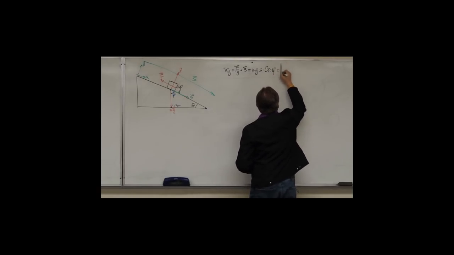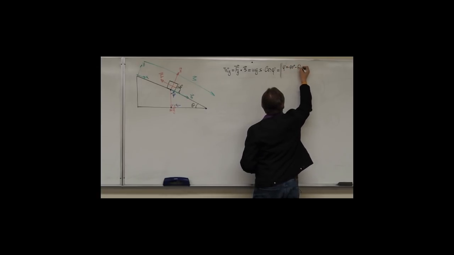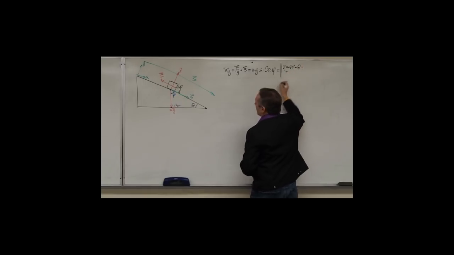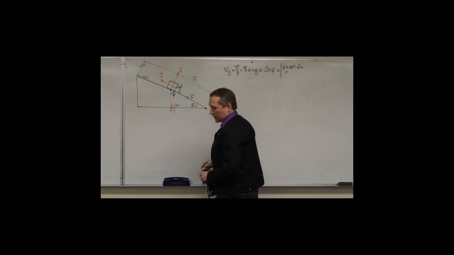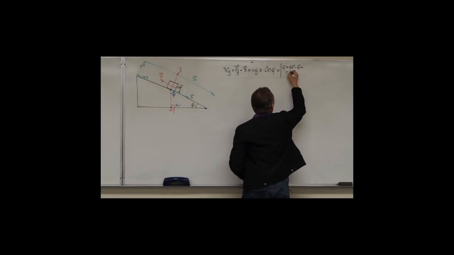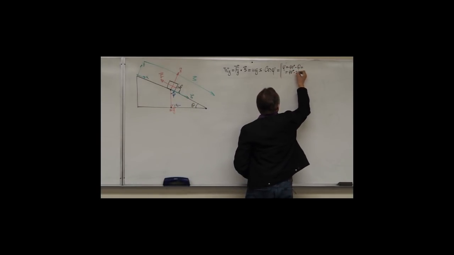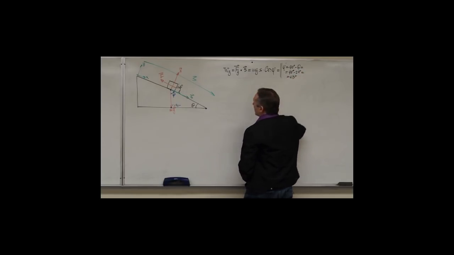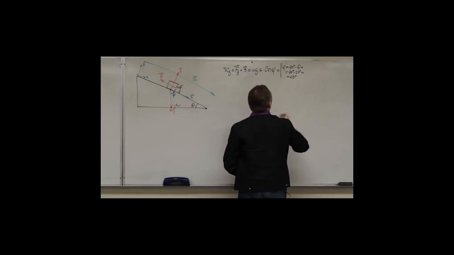Phi equals 90 degrees minus theta, which is 90 degrees minus 27 degrees, and that will give us 63 degrees. From that triangle you can see.